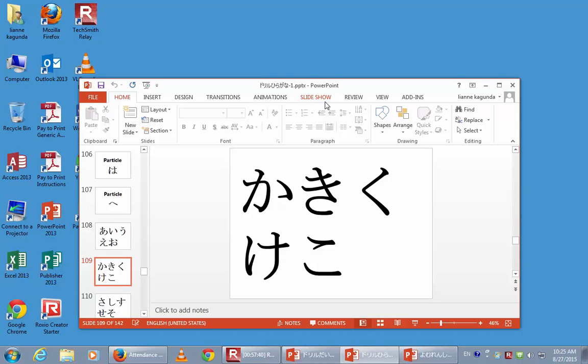So itterashai. The itte part is conjugated from the verb to go, and the rashai is, again, conjugated from irashaimasu, which is you're welcome to come, or irashaimase. Anybody ever heard irashaimase? That's what they greet you with when you walk into every store in Japan.